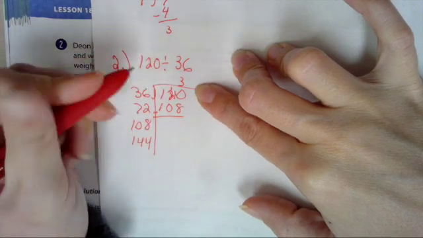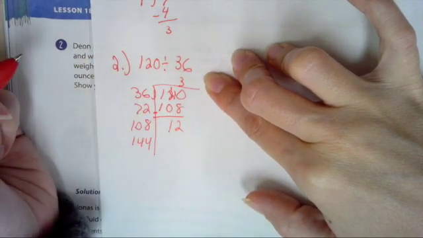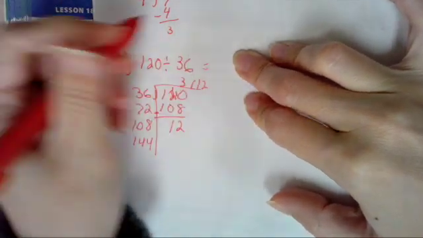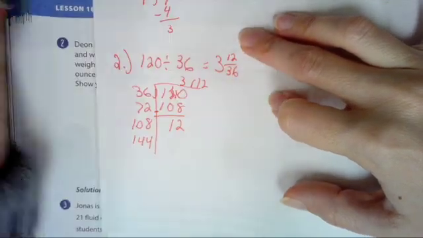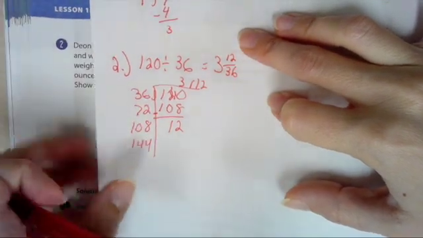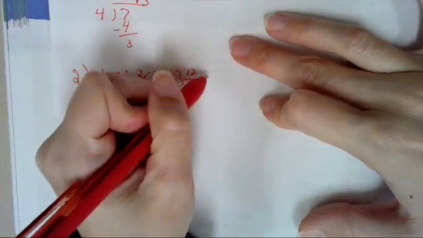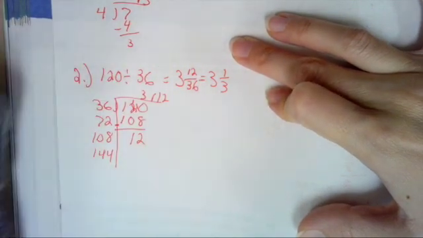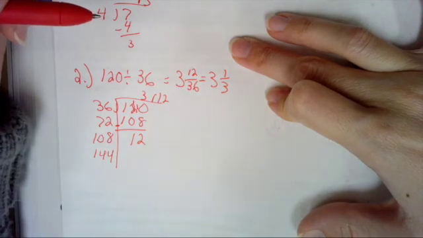When we subtract, we get 12. So that is remainder 12. 3 and 12/36. That does simplify if we divide them both by 12 to 3 and 1/3. Now, 3 and 1/3 is not my answer. 3 and 12/36 is not my answer.